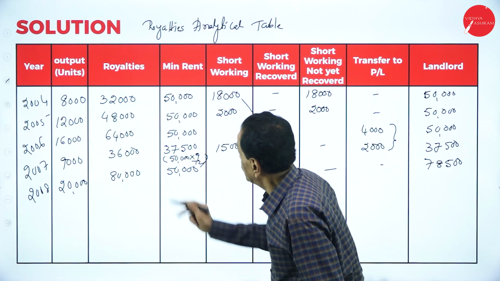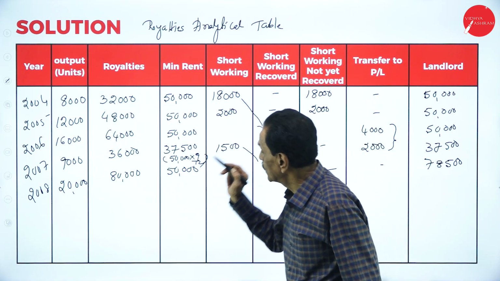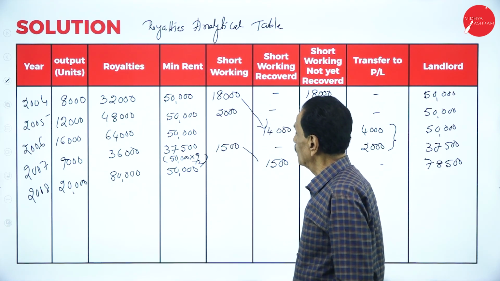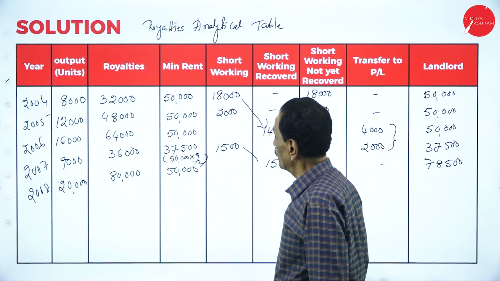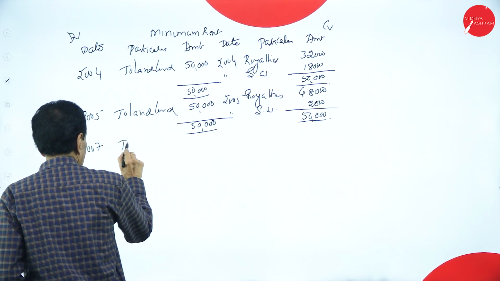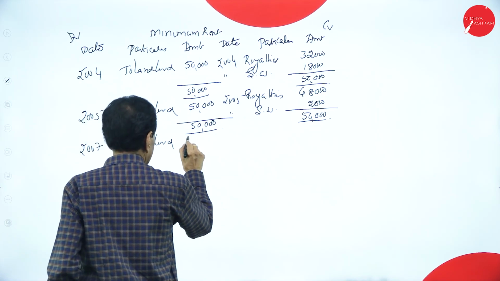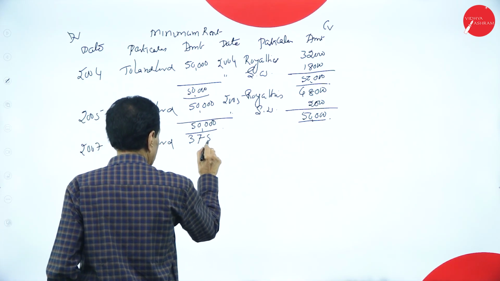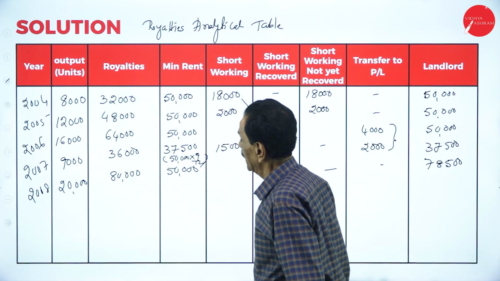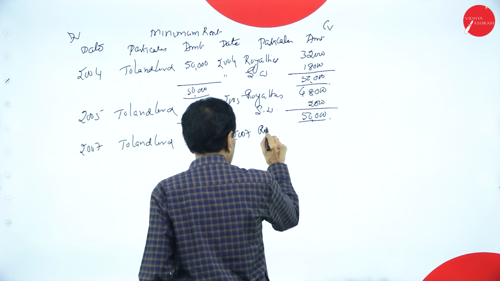So 2006 won't come because royalties are more. 2007, once again, which is more? Minimum rent is more. How much are you paying? 37,500 to the landlord. 37,500 we are paying in 2007. For that, how much royalty? 36,000 by royalties.